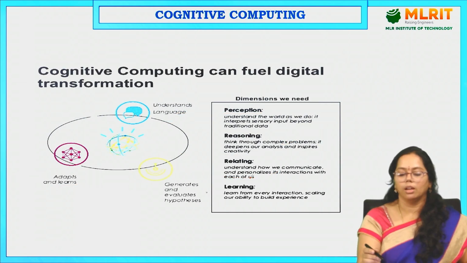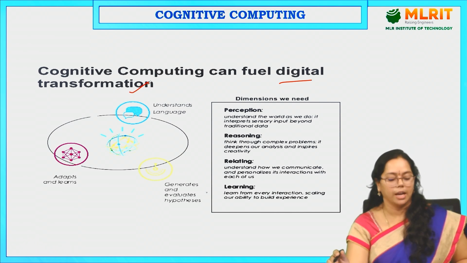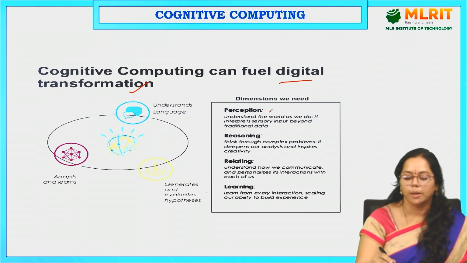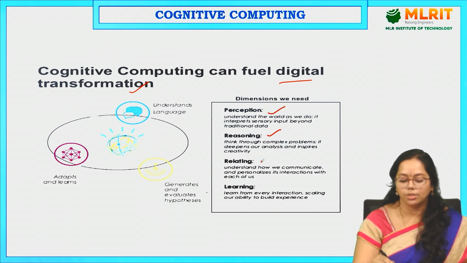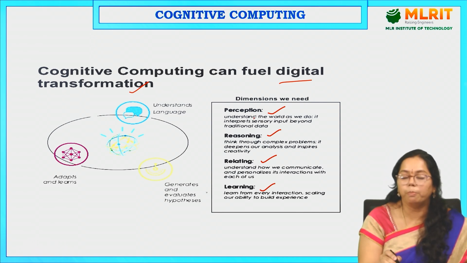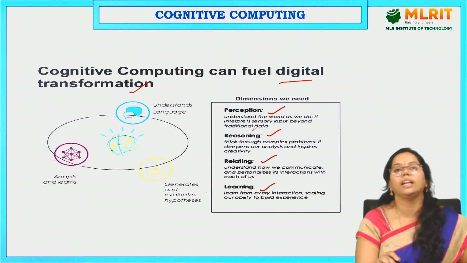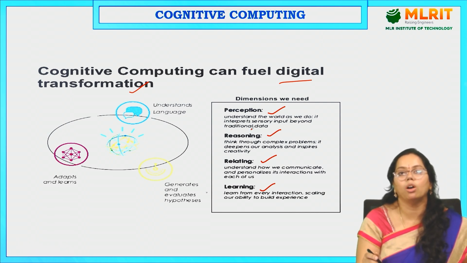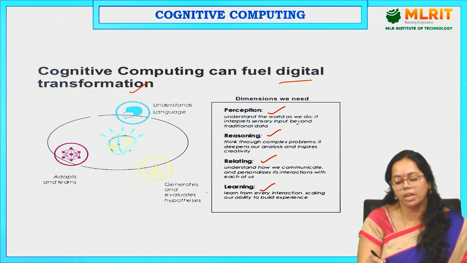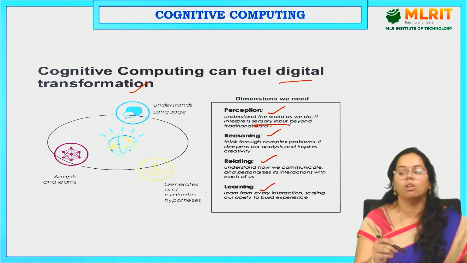Another application, when you are using cognitive computing in digital transformation, we have different dimensions which we need to look into, like perception, reasoning, relating, learning. Talking about perception, this interprets sensory input beyond the traditional data.